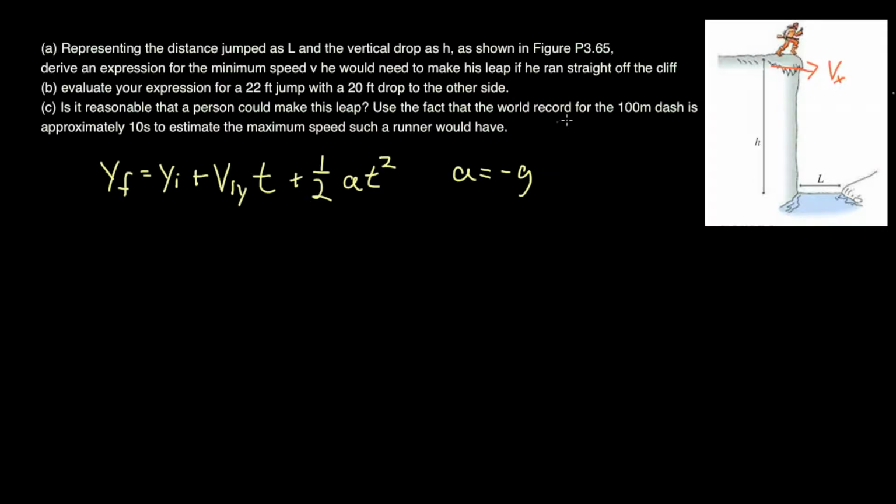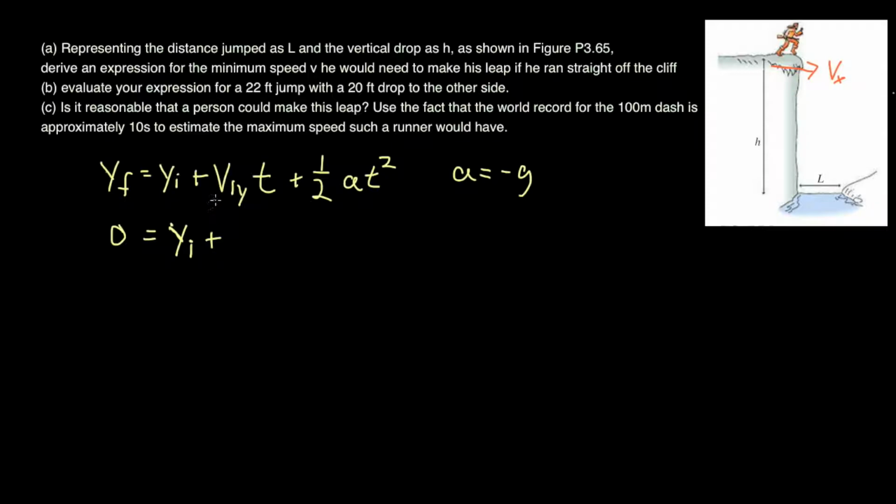So we're going to use the same exact approach that we used for the last problem, except we're just going to do it in terms of variables. For this one, we know that the final position is going to be 0, right? Because it's going from here down to here. So 0 is equal to the initial position, y_i, wherever you're starting from, so we need to keep that around, plus the initial velocity in the y direction.